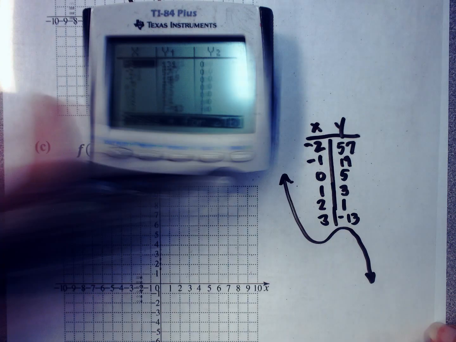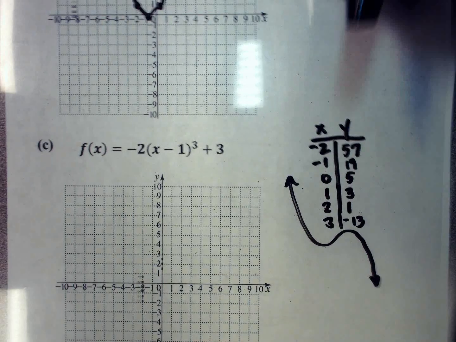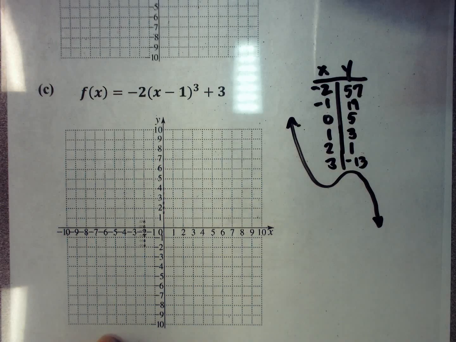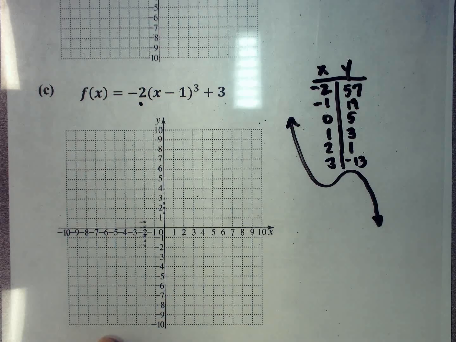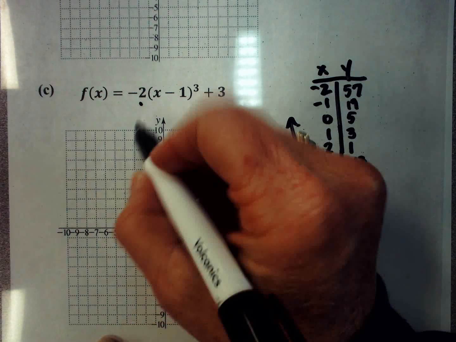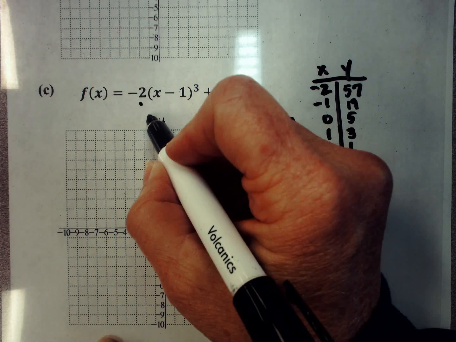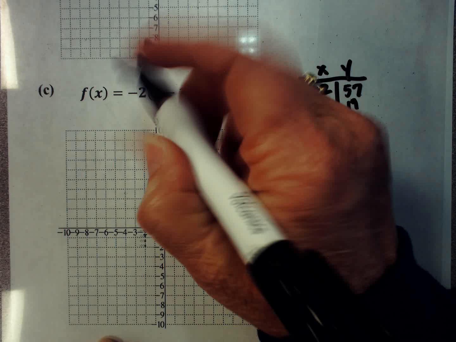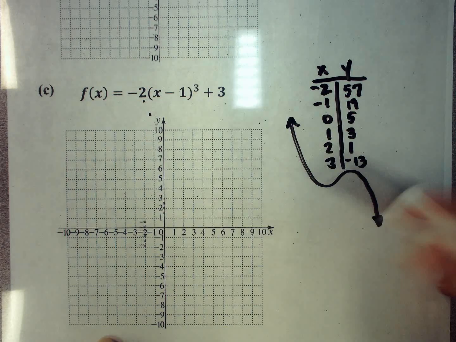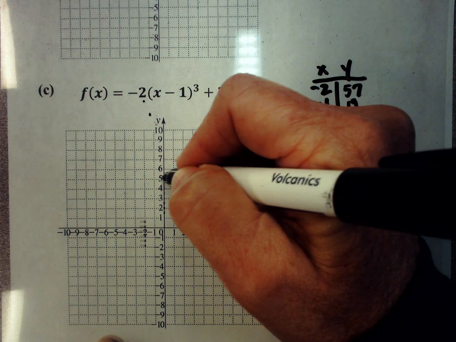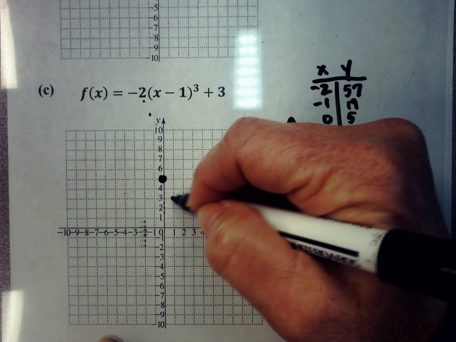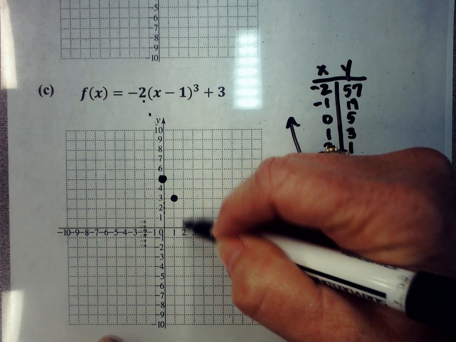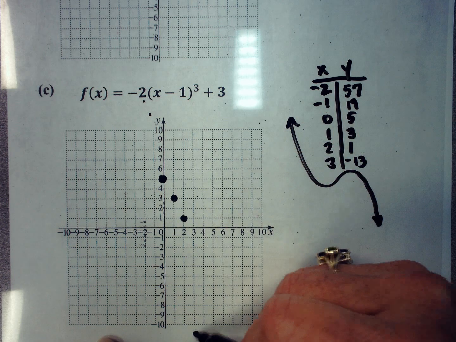Okay, so when you graph this, you're going to go -2, and then up here, somewhere up there, would be 57. -1 and 19 would be somewhere right here. Then 0 is 5. 1 is 3. 2 is 1. And then 3 starts to go back down here.